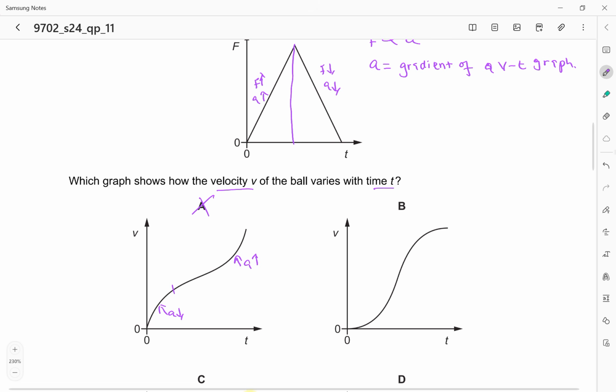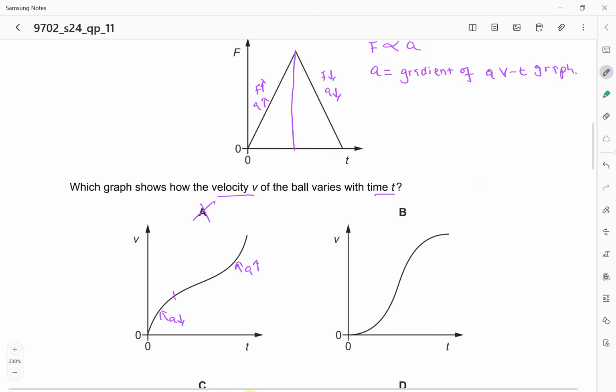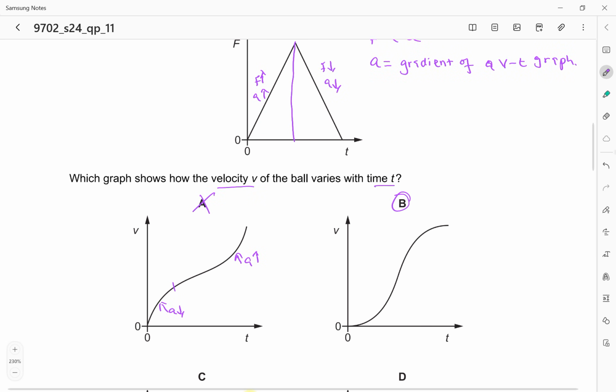Then we can see B. I think B is correct, because here we see that the gradient is increasing because the line is becoming steeper. So here the acceleration is increasing.